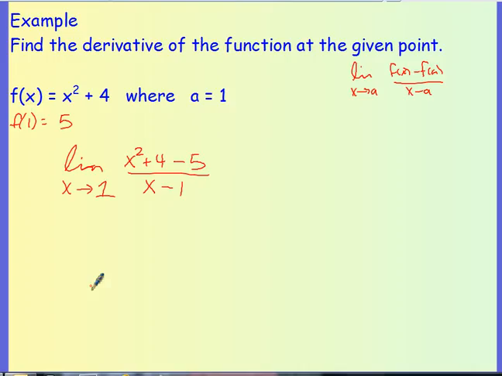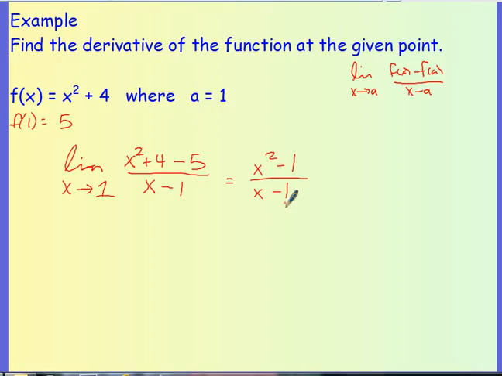So, can I simplify this? Let's try. What would I get? Still can't plug in, right? Still can't plug in. Notice something on the top? Good. I can factor the top.